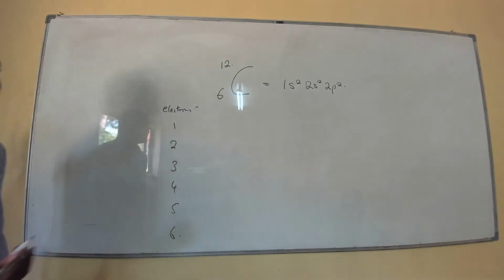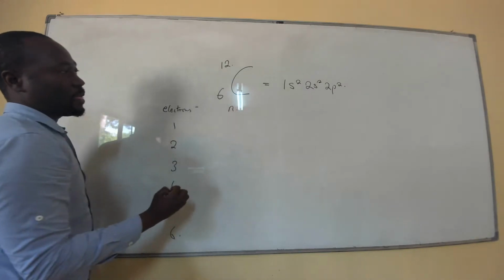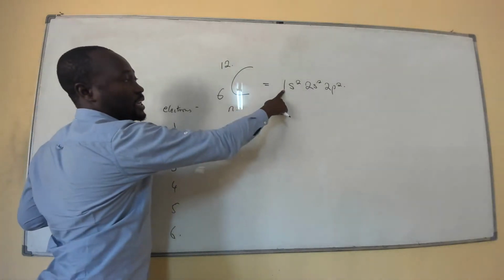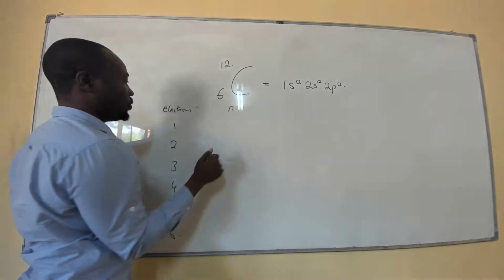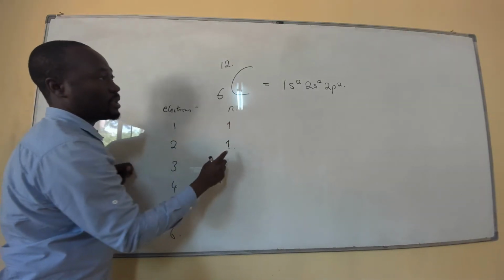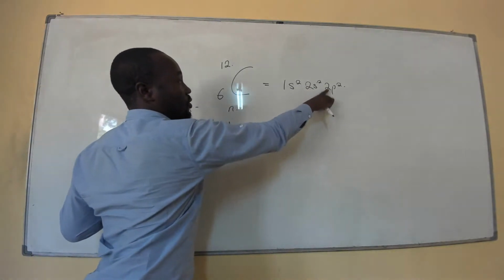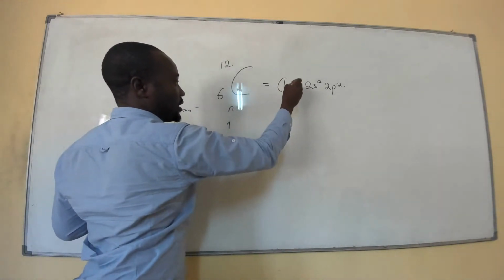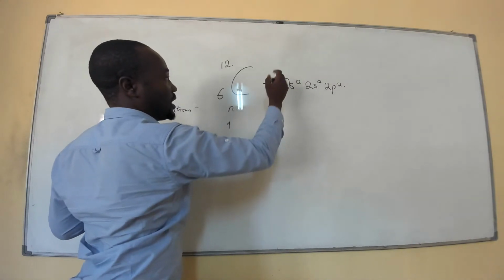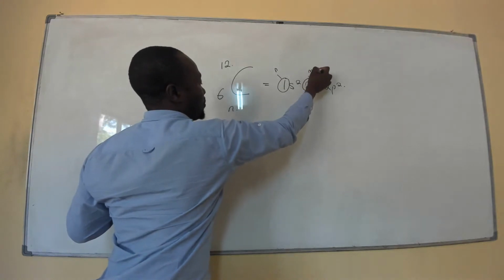We want to know the principal quantum number, which is N. We know that 2 electrons are in N equals 1, and 4 electrons are in N equals 2. The prefix here is N, so this prefix gives you the principal quantum number.